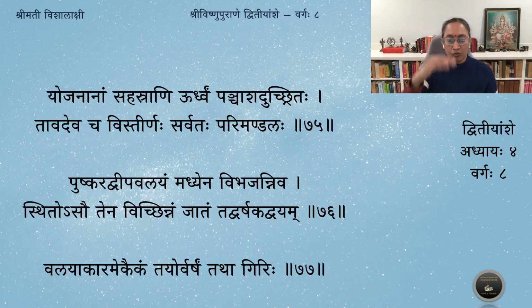योजनानां सहस्राणि ऊर्ध्वं पञ्चाशद् उच्छ्रितः तावदेव च विस्तीर्णः सर्वतः परिमण्डलः. Sarvataha Parimandalaha, it is surrounding in a circular fashion all round. Uchritaha, its height is Yojananam Sahasrani Urdhvam Panchashat.